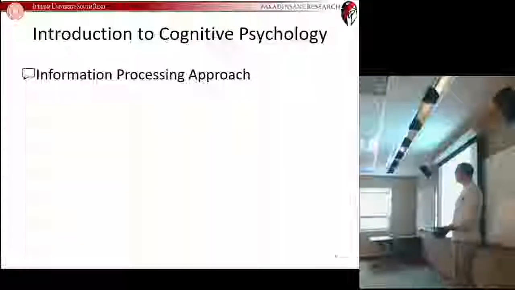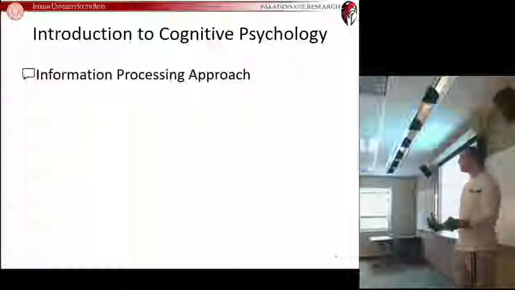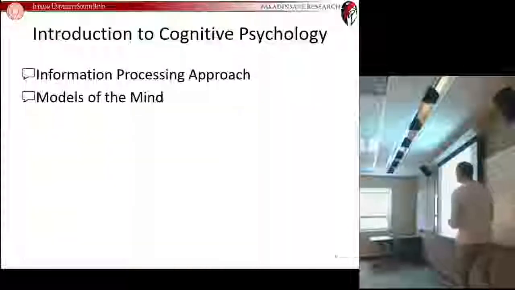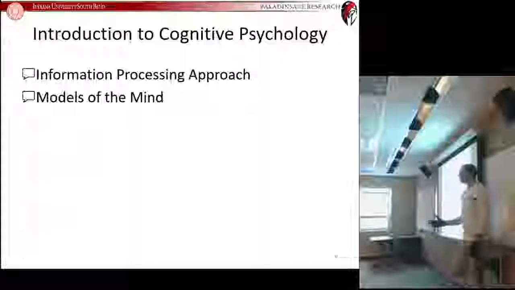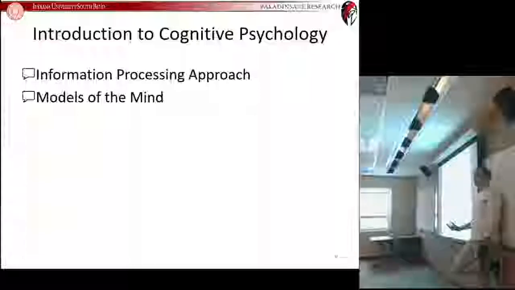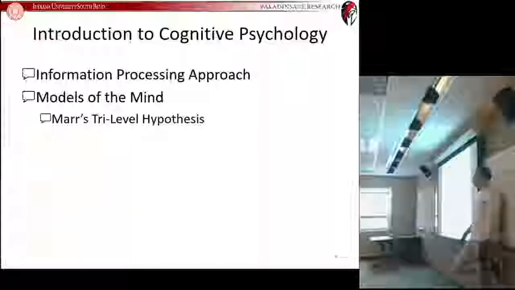All right, so we're going to talk today about the information processing approach. We're going to take a look at models of the mind. So why do we use models at all? And what do we mean by models of the mind? We're going to take a look at Marr's tri-level hypothesis, and I'll let you know amongst his 3 levels where we're going to be spending most of our time here in cognitive psychology.